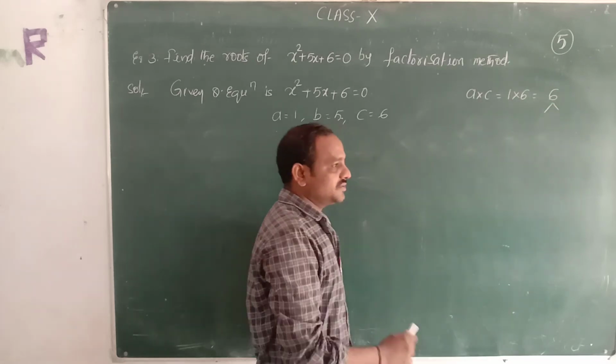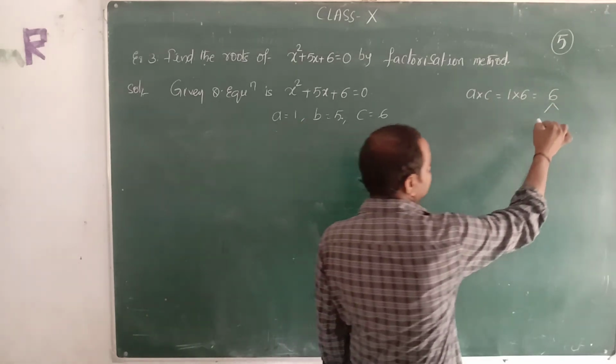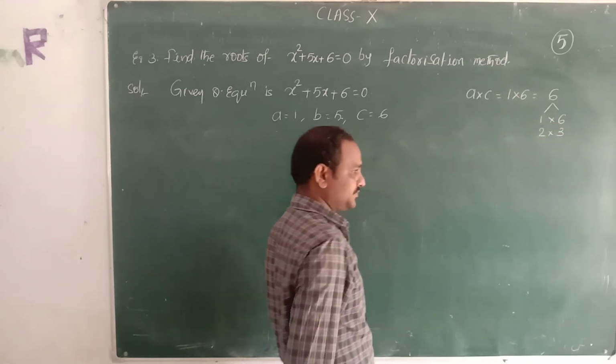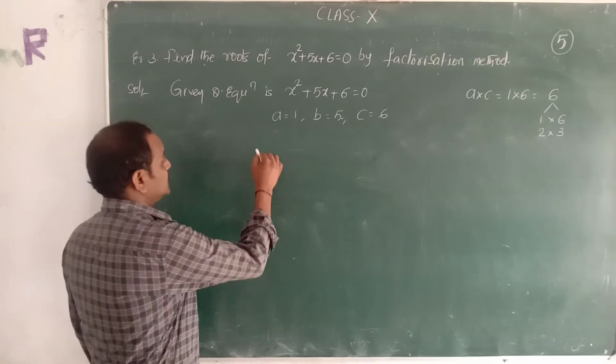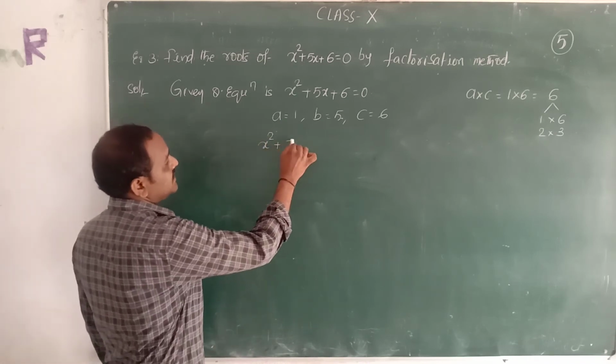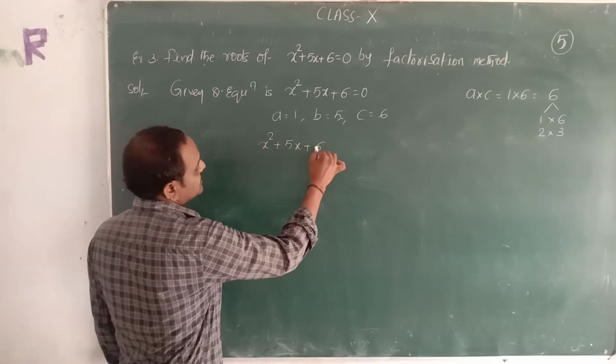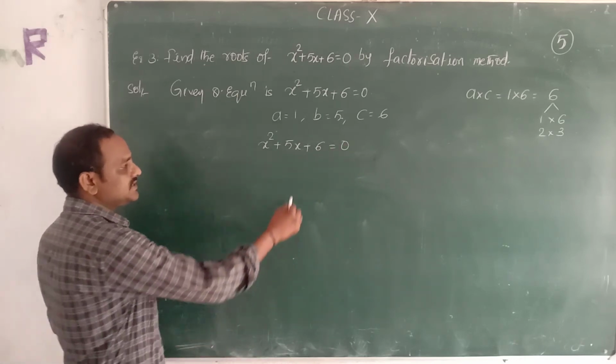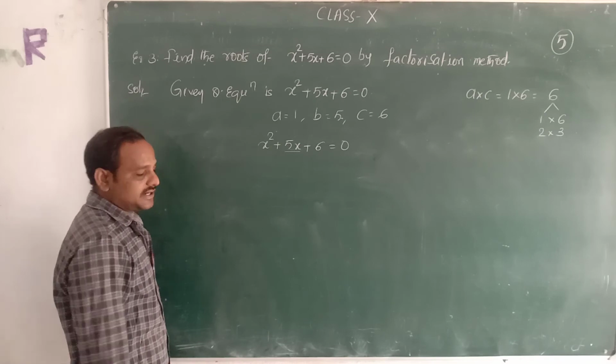Now we have to write the factors of 6. 1 sixes are 6, 2 threes are 6. So x square plus 5x plus 6 is equal to 0. Now we are going to split this middle term into two terms.